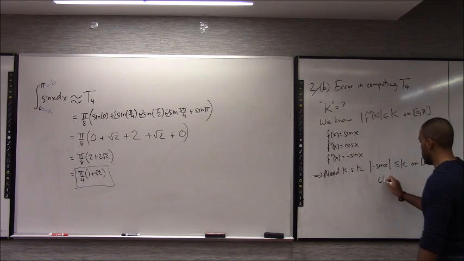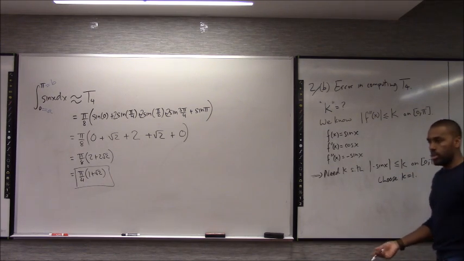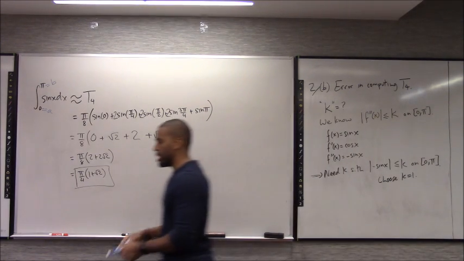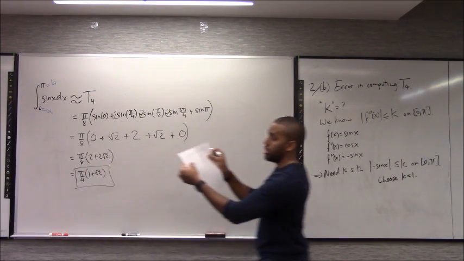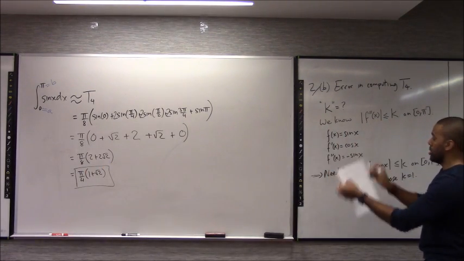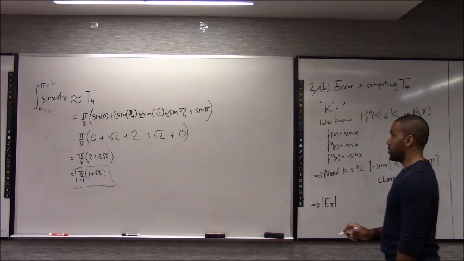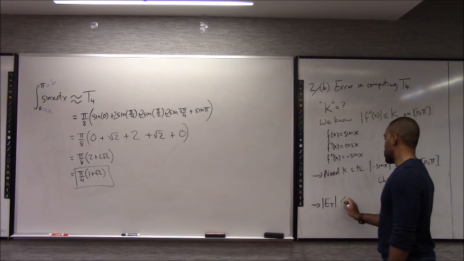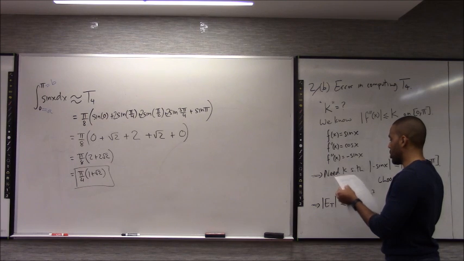1. Choose K equals 1, right? So you try to choose the smallest number that you can think of that's larger than that value. And then you're going to plug into the formula that you have here. So we know that the size of the error that I just computed with 4 subintervals is going to be less than or equal to K times (B minus A) cubed over 12n squared.